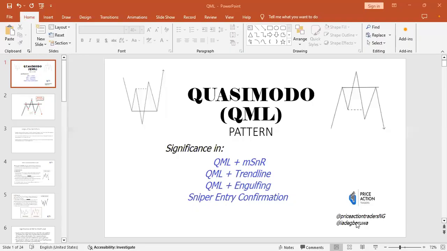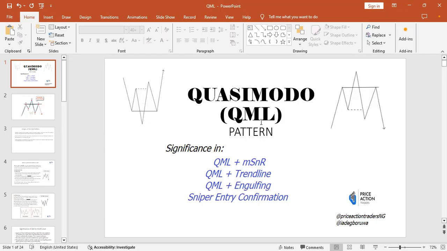Just want to make this point: Quasimodo has become an issue of significance. If you are trading patterns, fantastic, very highly probable.